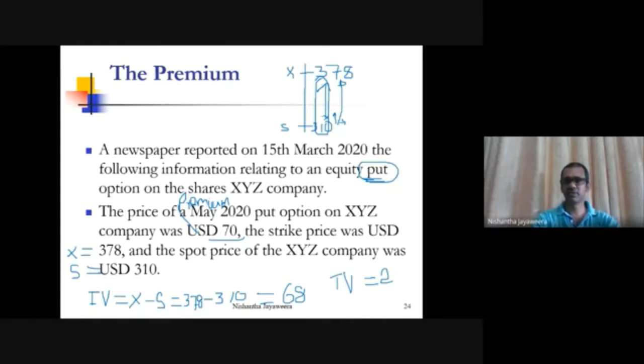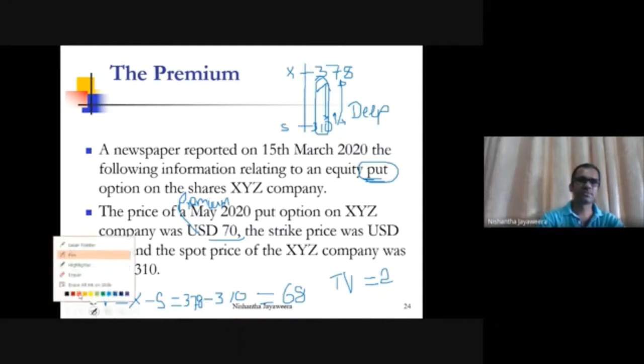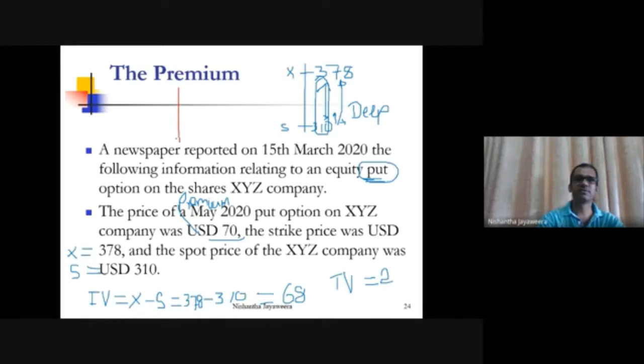So we call this sort of option deep in the money. That means far away from the strike. That can be a put option or a call option. If it is the other way around, in a call option, if the strike is here and the spot is far away, say 100 and 180 or something like that, that depends on the daily price movements. This is a relative thing.